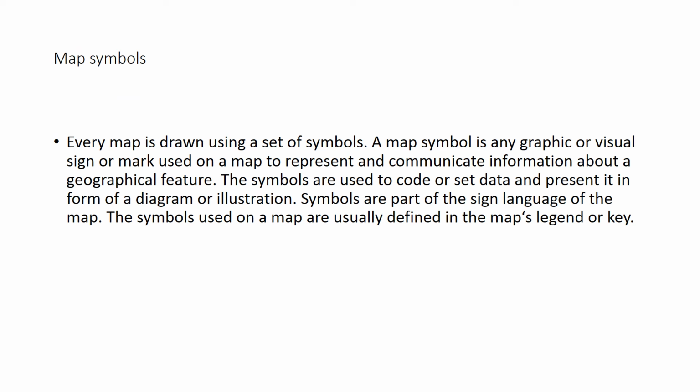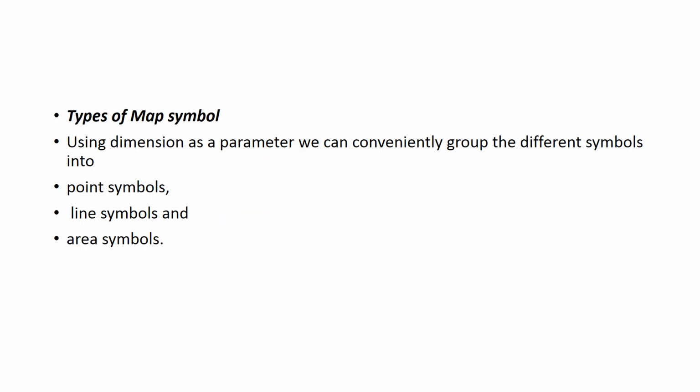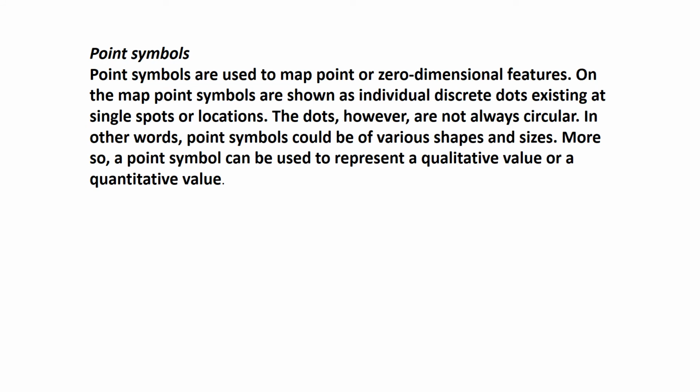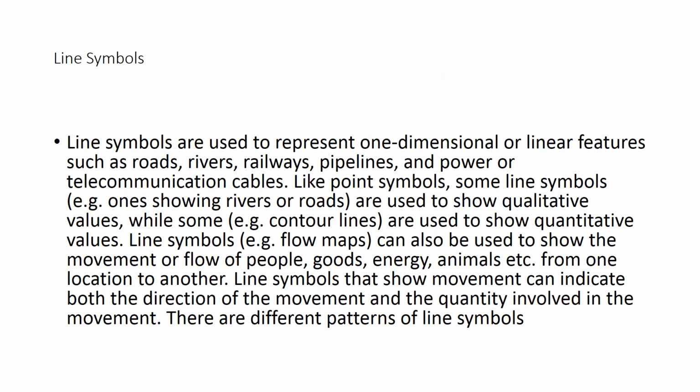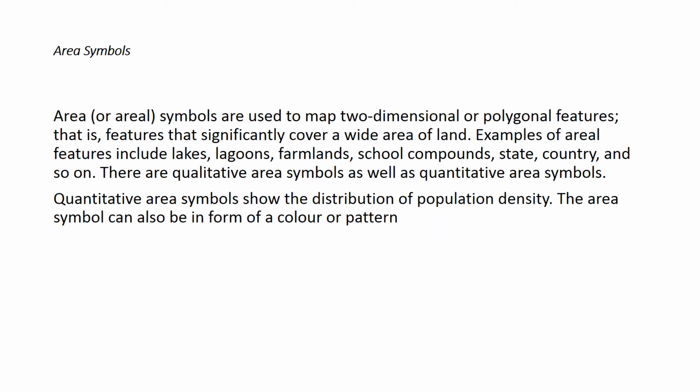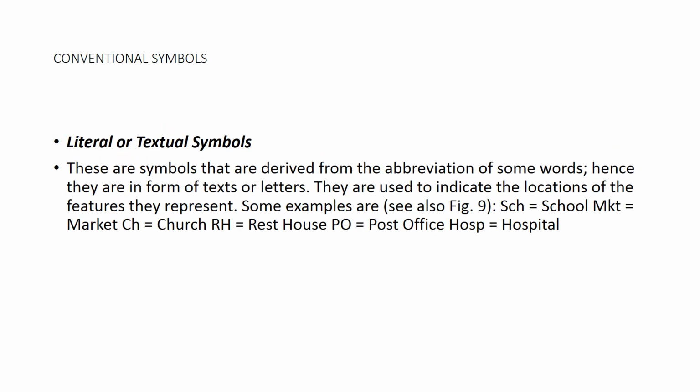Map symbols. Symbols are very similar to what we have talked about earlier. There could be point symbols, line, and area symbols. But in addition to point, line, and area symbols, we also have textural symbols.